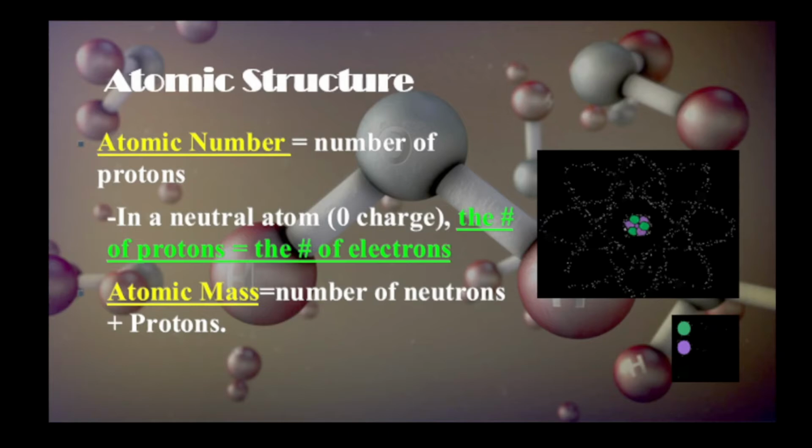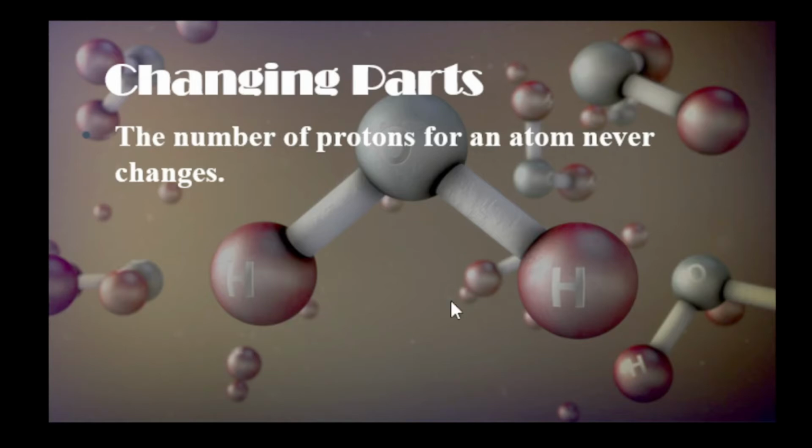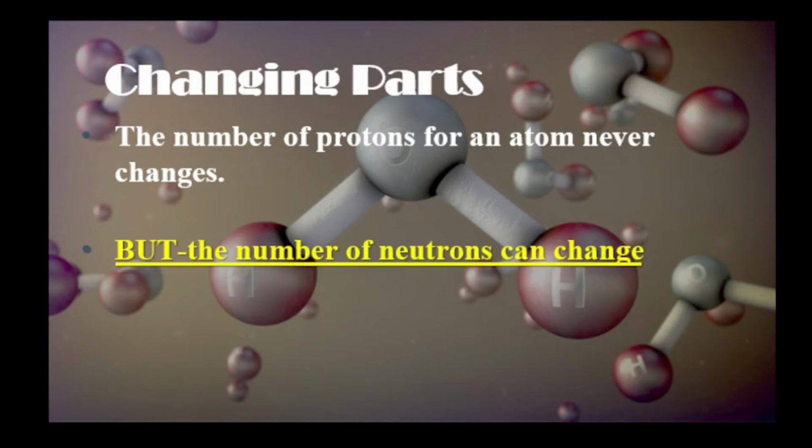So when we add them, that is when we are able to get the atomic mass of a particular element. The number of protons for an atom never changes. As I said a while ago, the number of protons for an atom never changes. But the number of neutrons can change if there is what we call a reaction, or a collision of particles, wherein that particular element accepts another neutron.